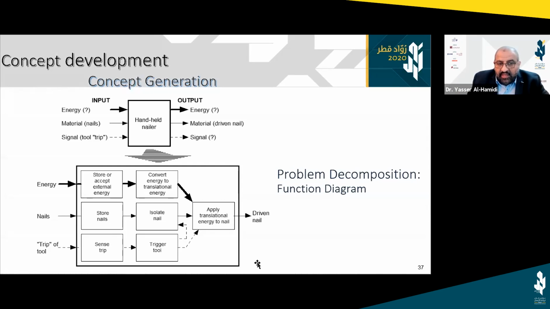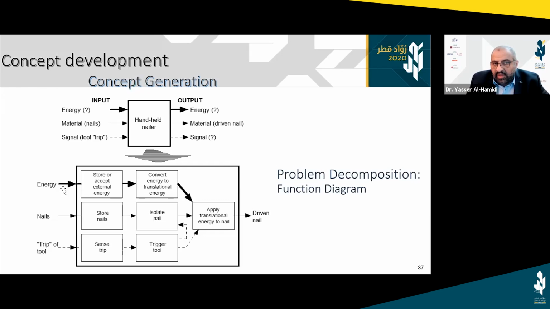Again, you have to note that at this stage we are not trying to imply any specific technological working principle for the product. As an example, this handheld nailer is the product under development.